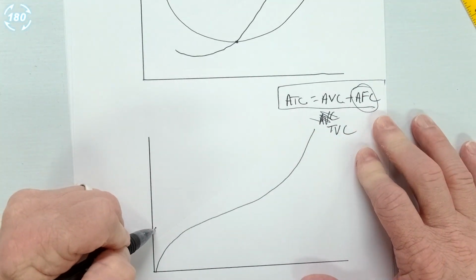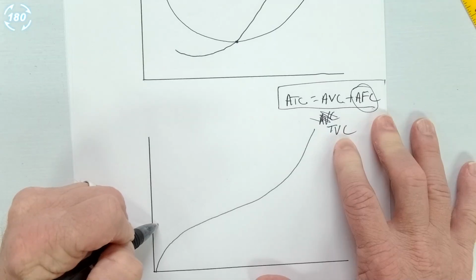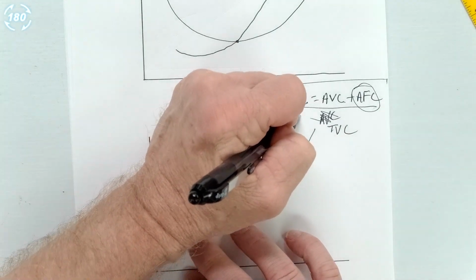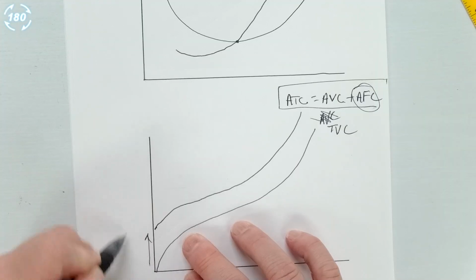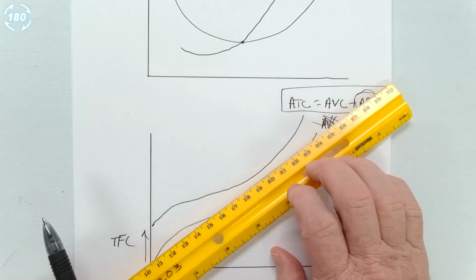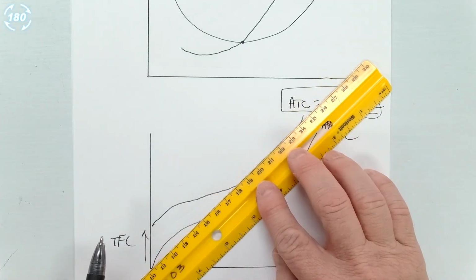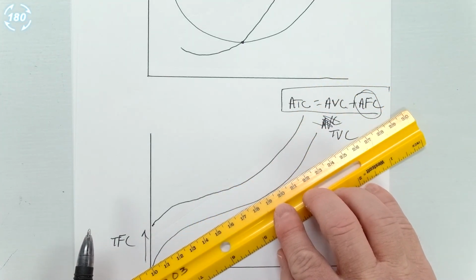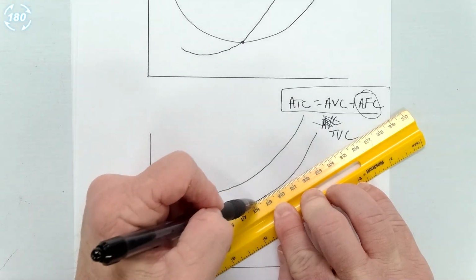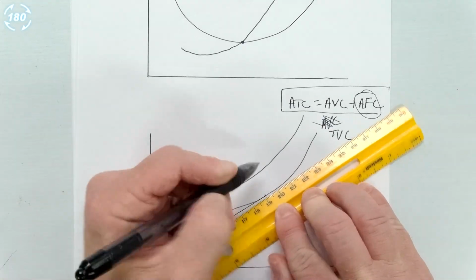I've sketched here total variable cost. So if you sketch the total cost, which includes the fixed cost, you get another curve that's parallel to this. You just shift this up by the fixed cost. This is total fixed cost. Okay, so I want to note something here. The average variable cost achieves a minimum kind of about here.